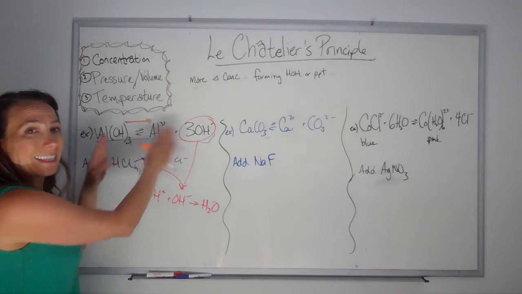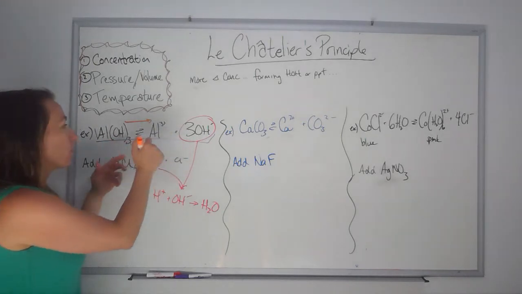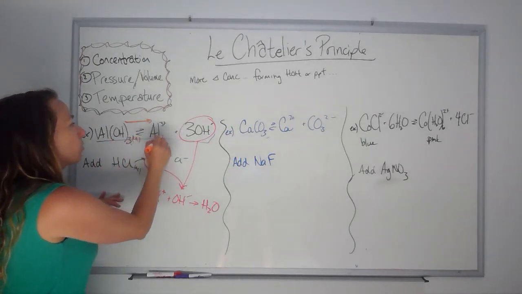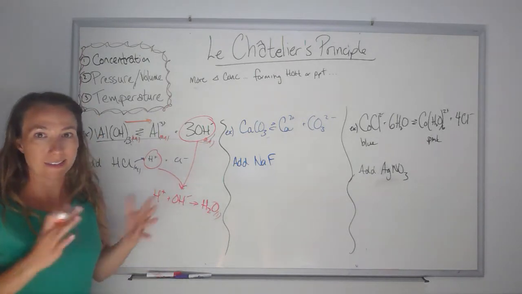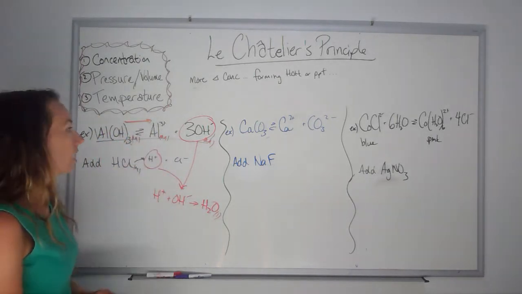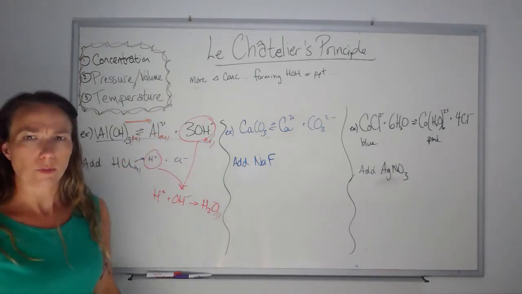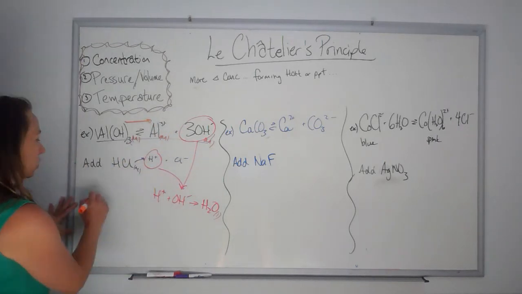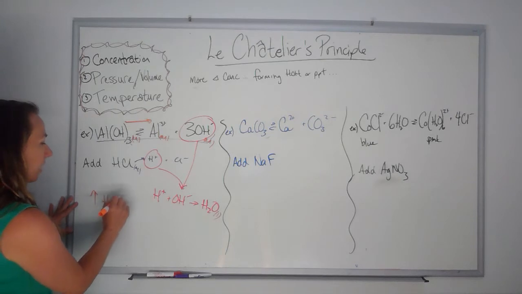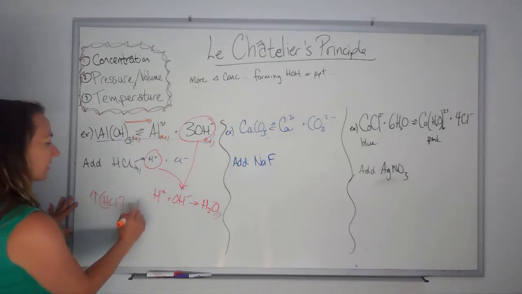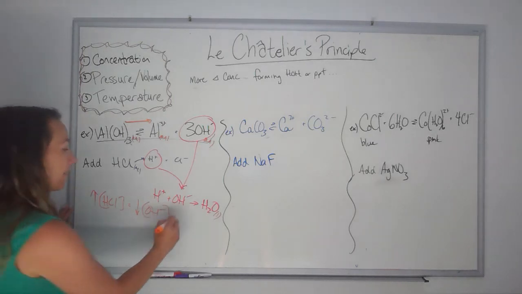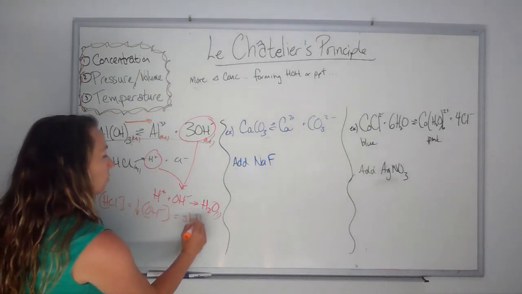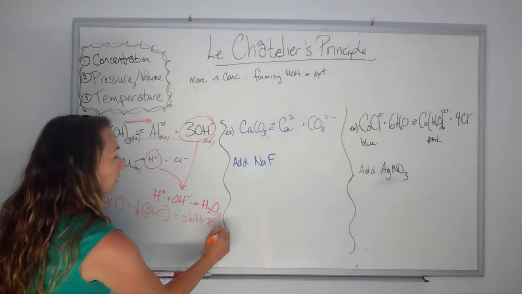They're no longer in this equilibrium because remember, these are all aqueous, and in order to be in the equilibrium, you have to be aqueous. All of a sudden, these are liquid. They're not even seen by this balance. And so this equilibrium is like, what? So it shifts to replace it. So increasing the HCl concentration actually decreases the OH minus concentration, and that results in a shift to the right.